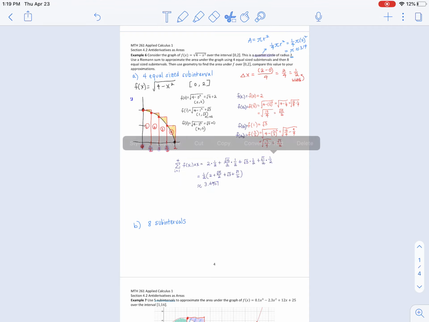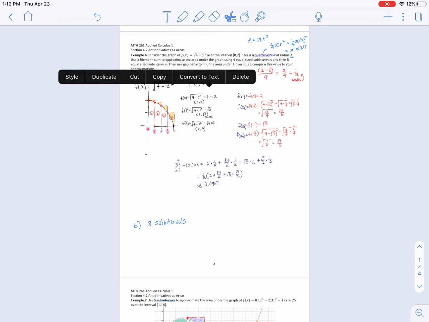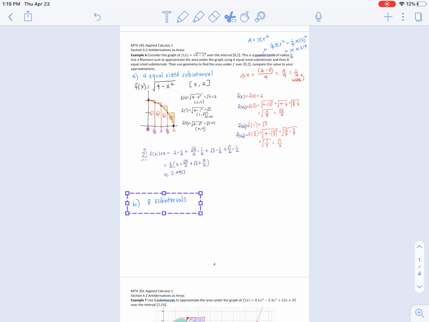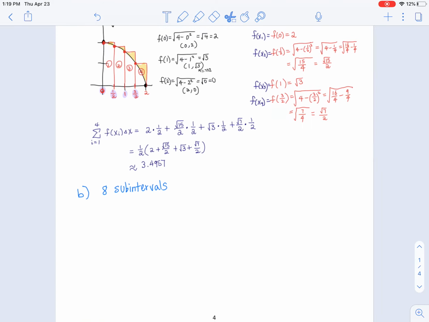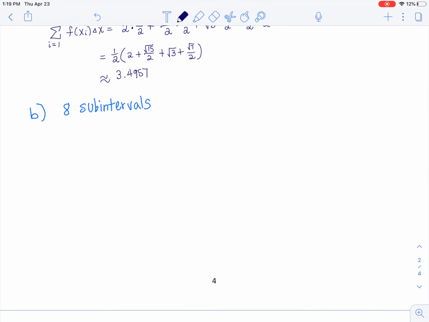Now, let's go ahead and do the second part. They also wanted you to do the same process, but this time they wanted you to use what? 8 subintervals. So I am so out of room here, but it's okay. Let me go ahead and try to make this a little bit smaller. Oh, looking good.